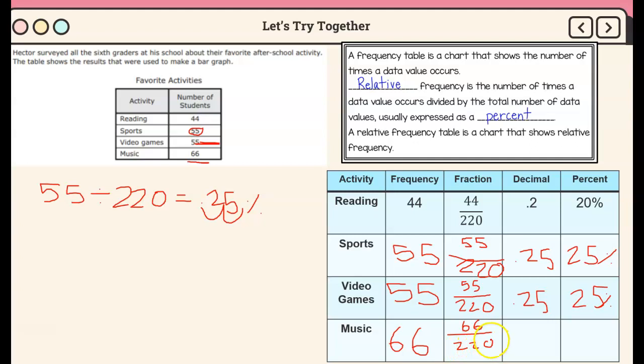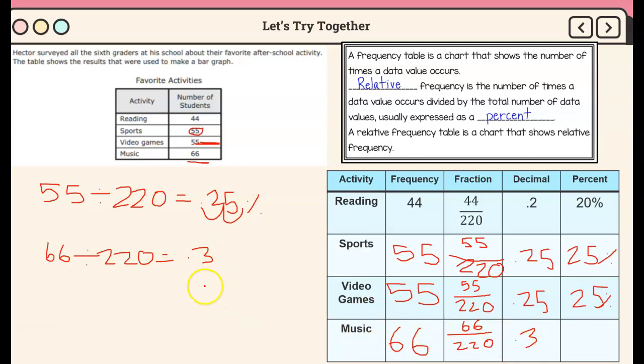How do I turn that into a decimal? Going to divide, right? 66, our part, our numerator, divided by our denominator, 220. That equals 0.3. So our decimal is 0.3.